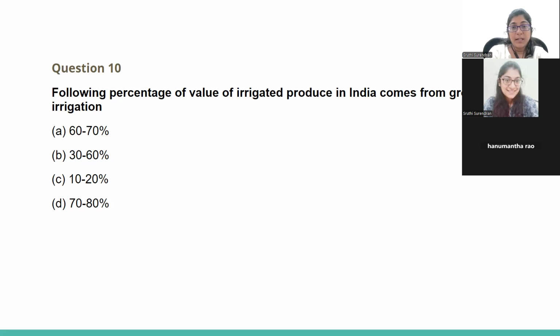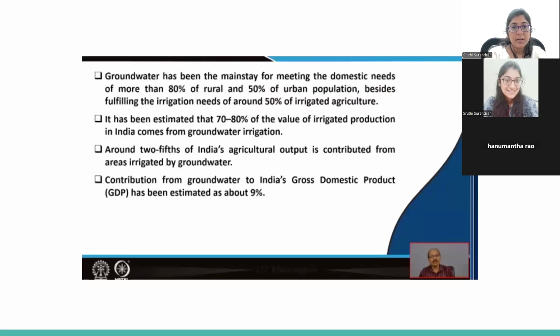What percentage of irrigated produce in India comes from groundwater irrigation? Earlier, we had looked into how arid and semi-arid regions all over the world are dependent on groundwater. Here, the question is about India. So let's look at the answer. In rural areas, around 80% of the domestic needs are fulfilled by groundwater, and in urban areas, around 50% of the domestic needs are fulfilled by groundwater.